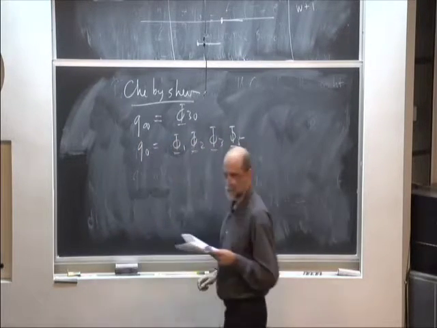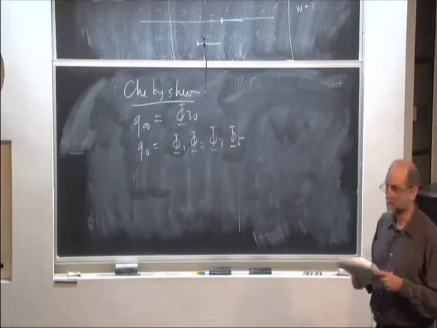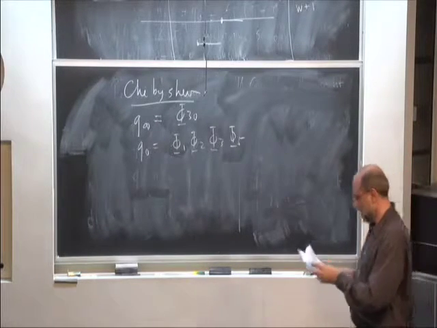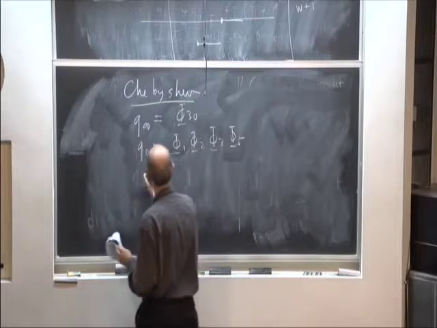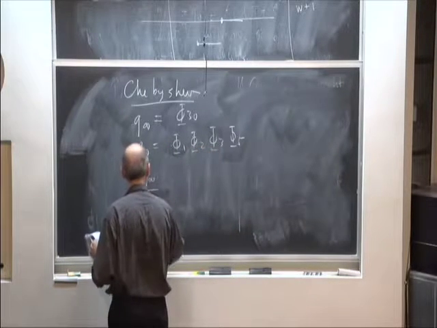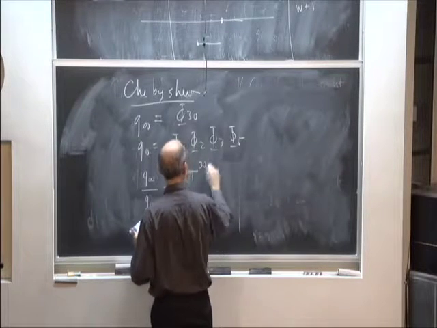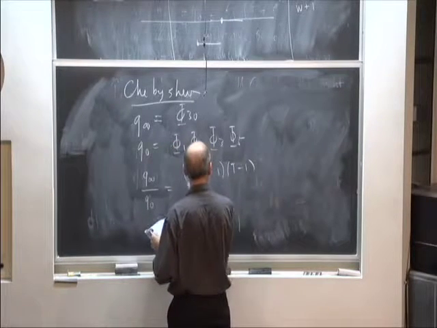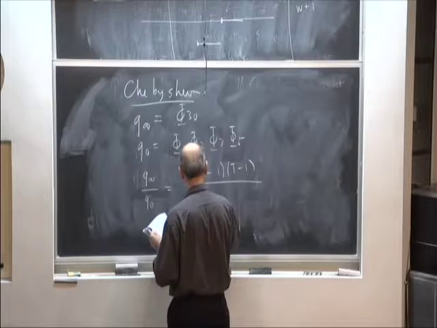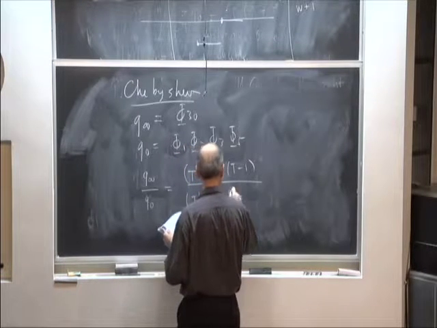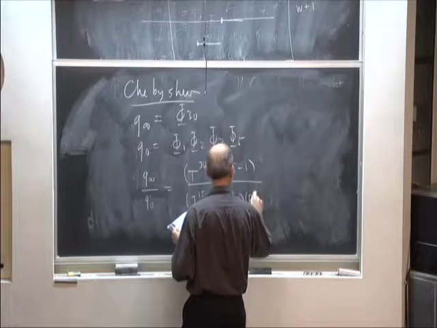You can check that these are two coprime polynomials of degree 8. You can write q infinity over q0 as t to the 30 minus 1, t minus 1 over t to the 15 minus 1, t to the 10 minus 1, t to the 6 minus 1.